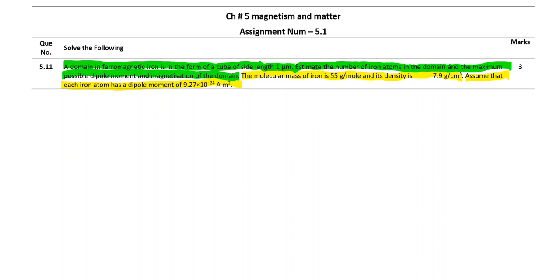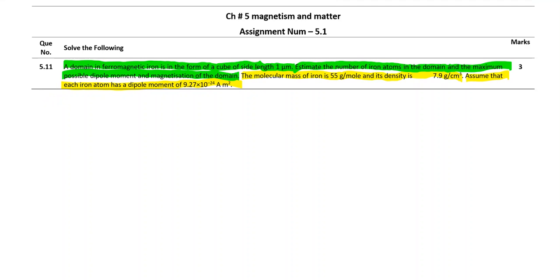We know that 7.9 gram is having volume 1 centimeter cube. So I would start with the volume calculation.